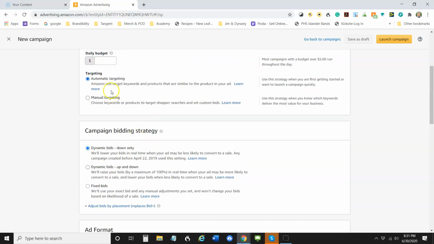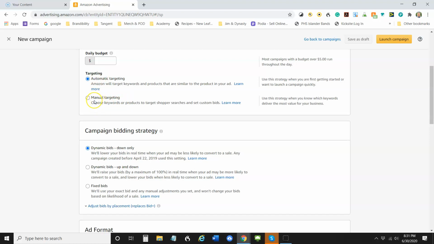Okay, so you can choose here targeting, automatic or manual. I always run both. So I start with an automatic campaign, and I see what keywords they get, and then I also will do a manual campaign.